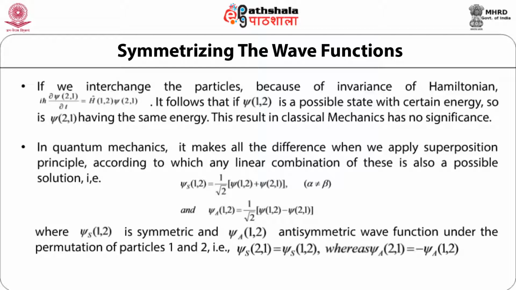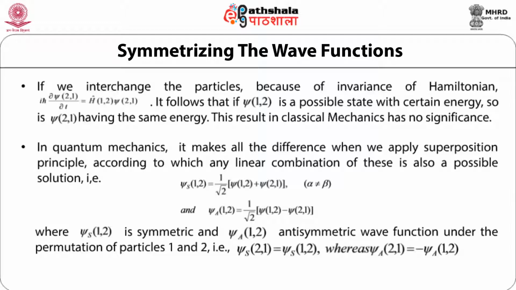That means the state alpha is not equivalent to the state beta. And the other wave function that we get as a linear combination of these two wave functions is psi subscript a12 equals 1 upon root 2 times bracket open wave function psi12 minus wave function psi21 bracket close, again with the same condition that the state alpha is not equivalent to the state beta.